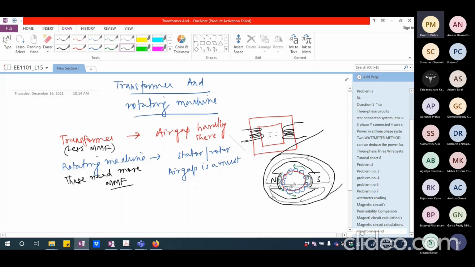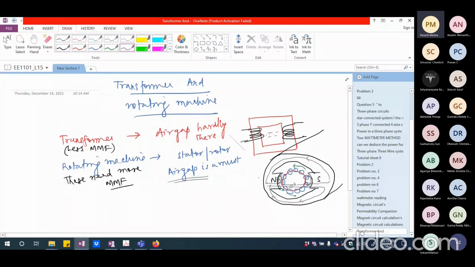The intervening air gaps between the stator and rotor of a rotating machine will definitely demand more MMF to establish the same amount of flux, as compared to a transformer, where the MMF demand will be lower. Electrical rotating machines will always require more MMF because there is an intervening air gap.